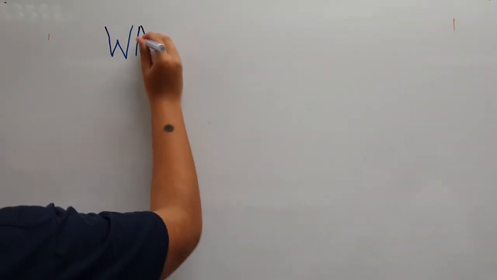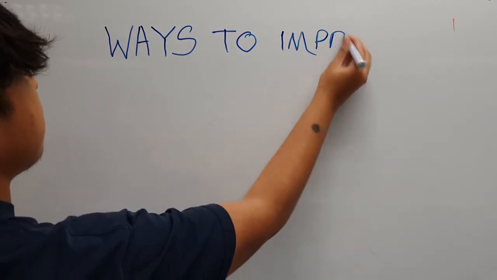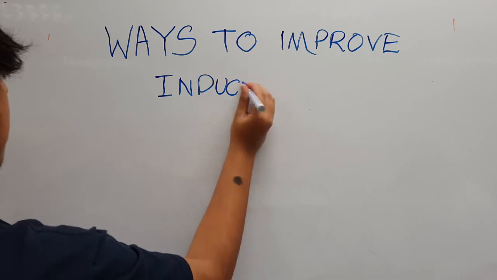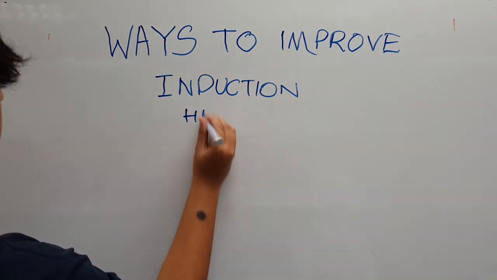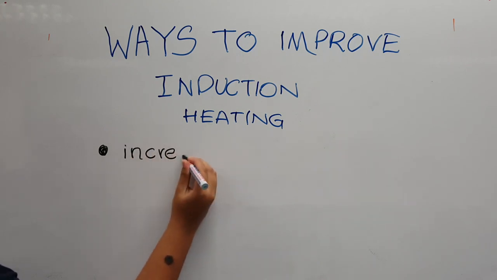However, there are also several ways to increase its efficiency. The first one is to increase the magnetic permeability. This can be achieved by increasing the current frequency and also decreasing the magnetic field.